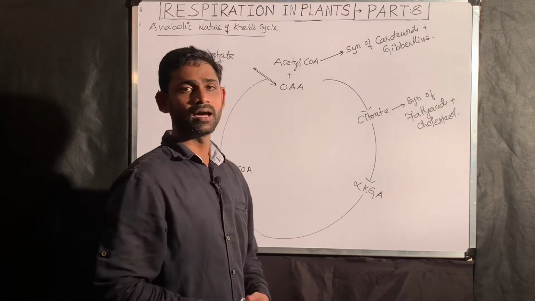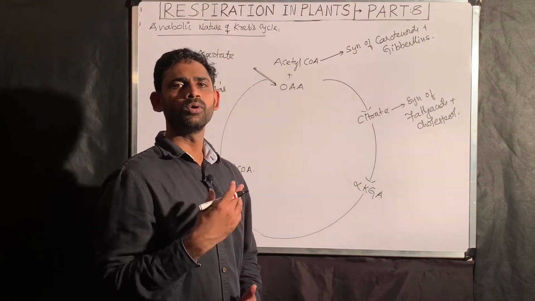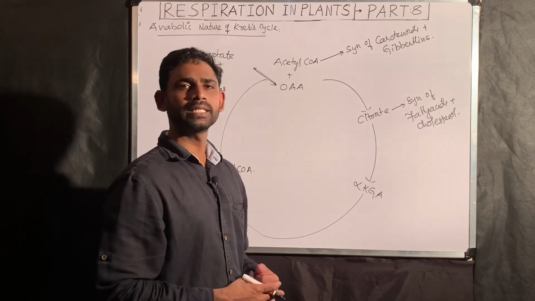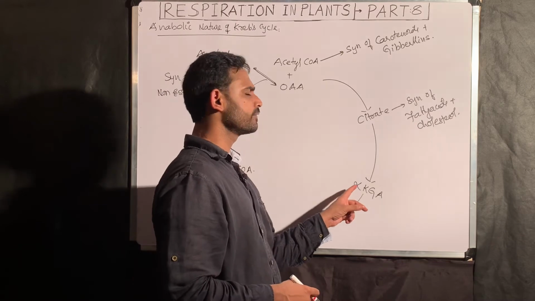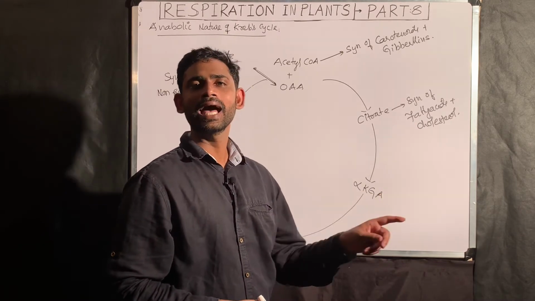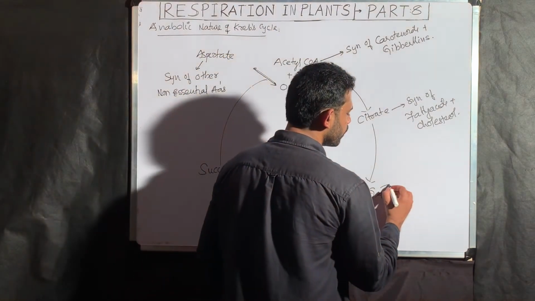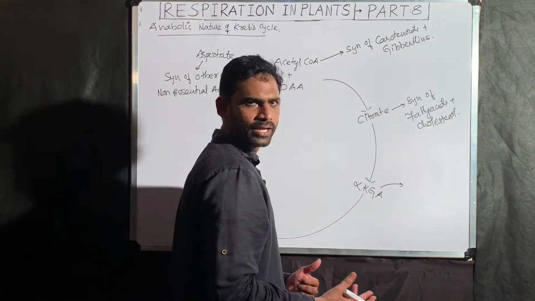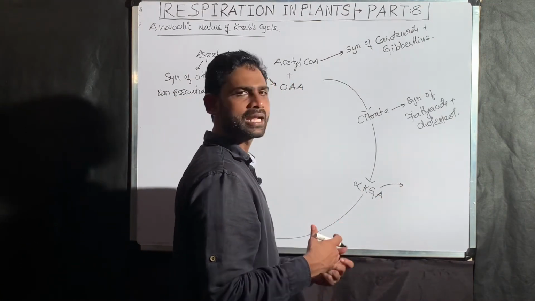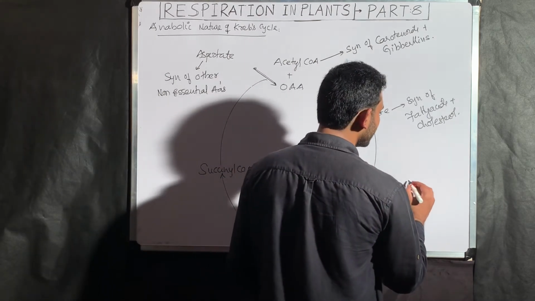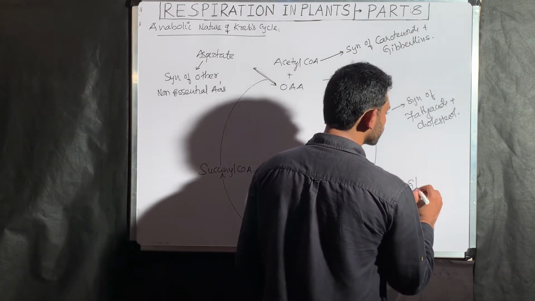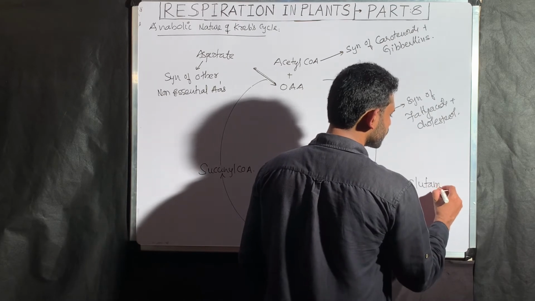Next it takes the alpha KGA, the only 5 carbon molecule formed during the Krebs cycle. Like oxaloacetic acid, alpha ketoglutaric acid undergoes aminotransferation or amination, that is a transfer of an amino group, and this alpha KGA is converted into glutamate. What is glutamate?